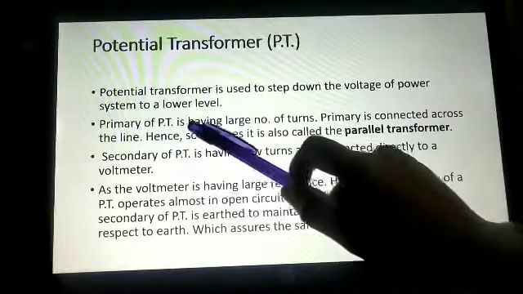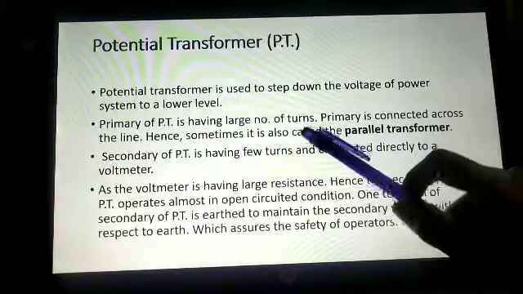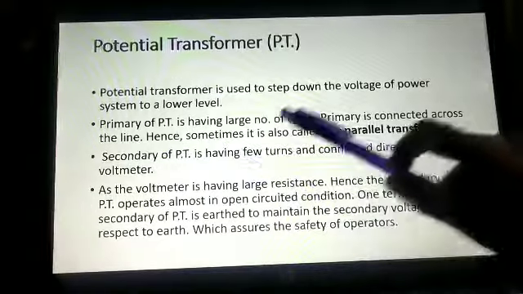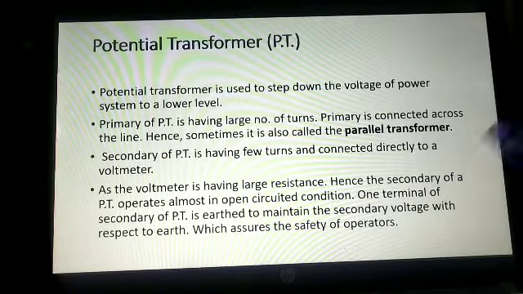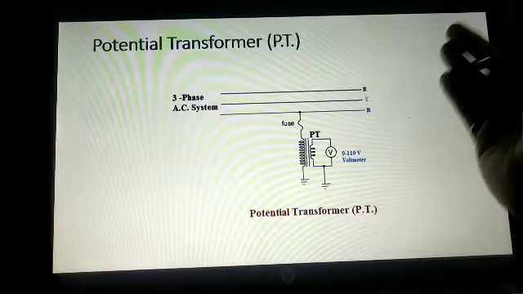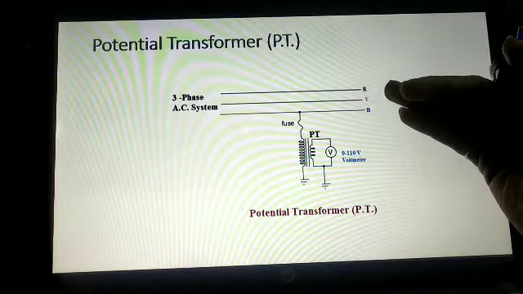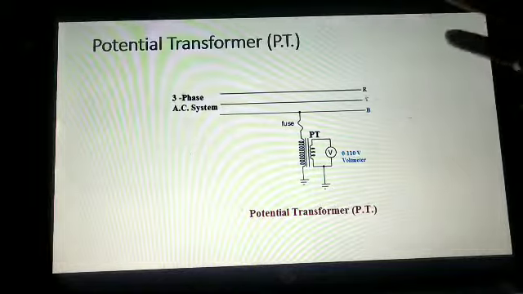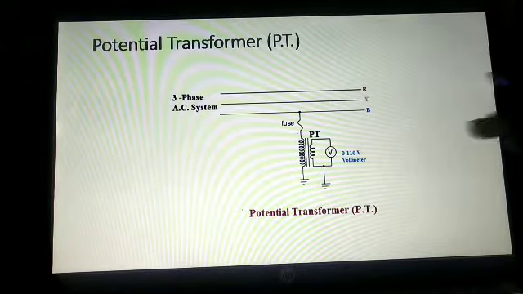Primary of potential transformer is having large number of turns. Primary is connected across the line, hence it is called as parallel transformer. So our current transformer was called as series transformer and our potential transformer is called as parallel transformer, right?